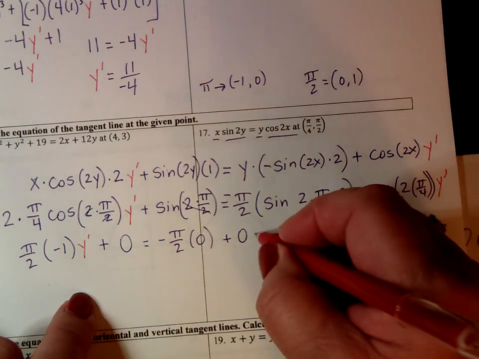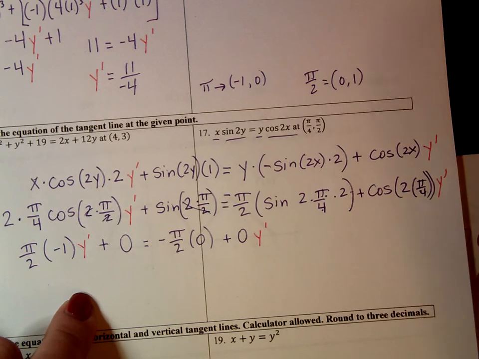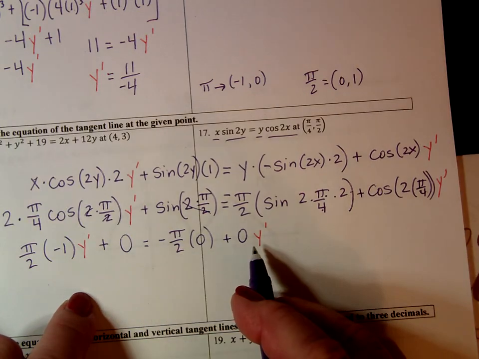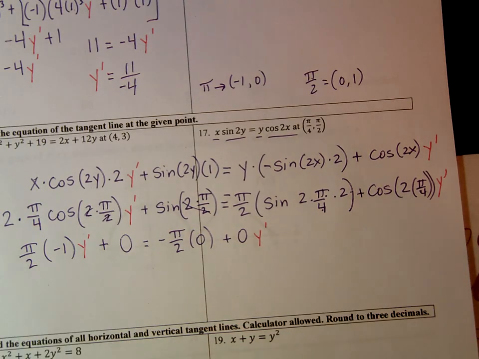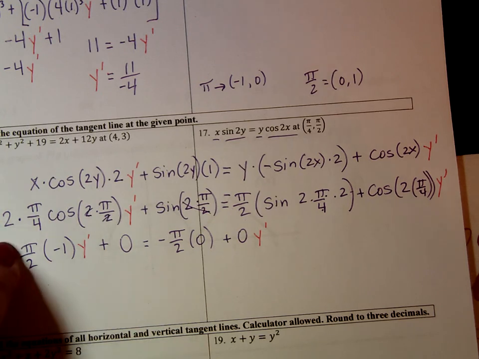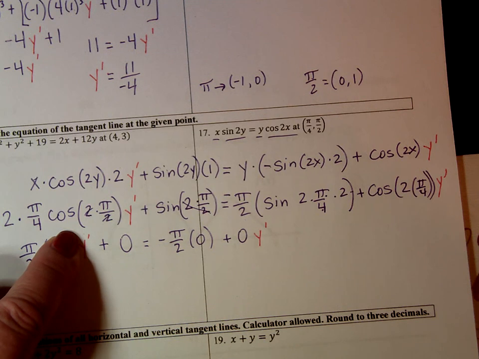So let's see what we got. We got a whole lot of 0 on the right. Huh. Hold on. Pi over 2 cosine of pi over 2 times 2. There's a problem in the midst.